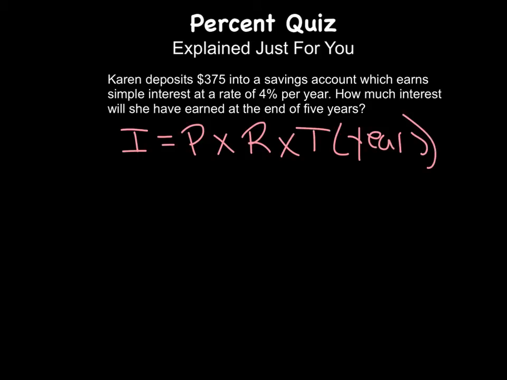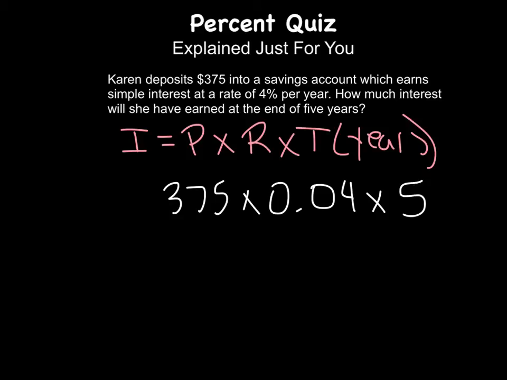If you remember our video. So my principal would be $375. My rate is 4%. Remember to write that as a decimal. And then my time was going to be 5 years.